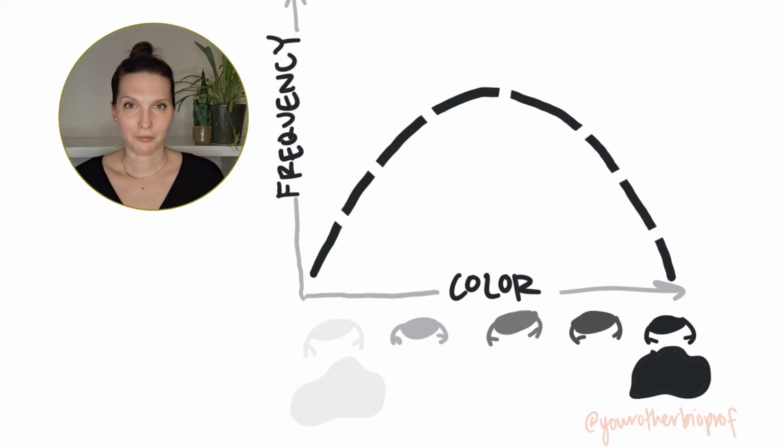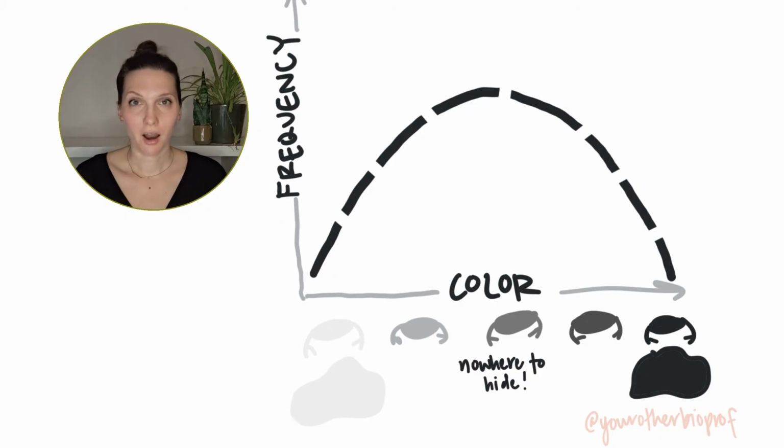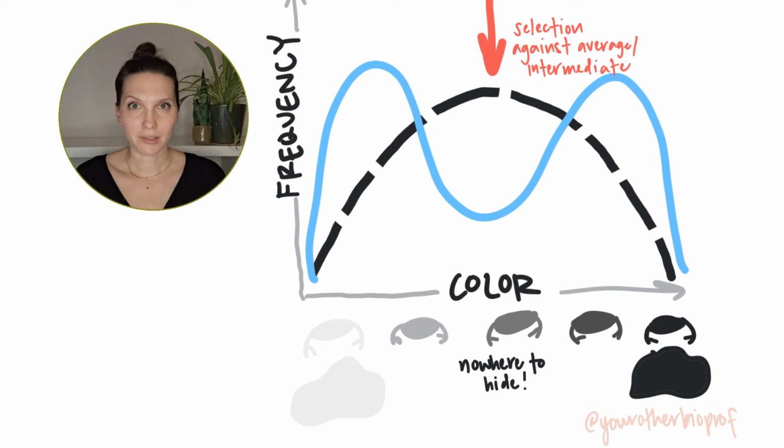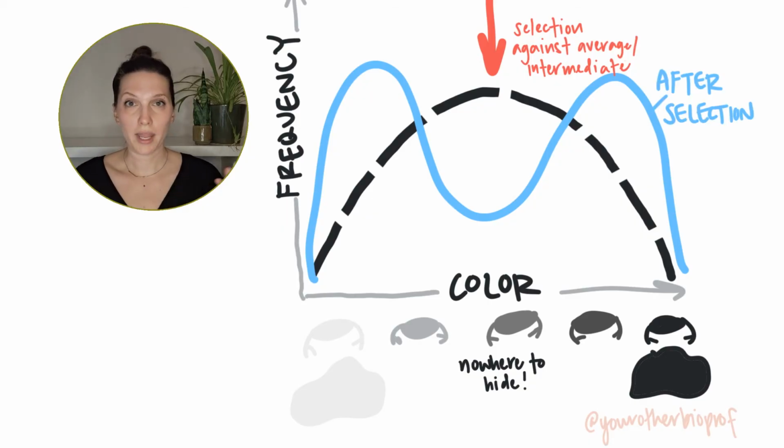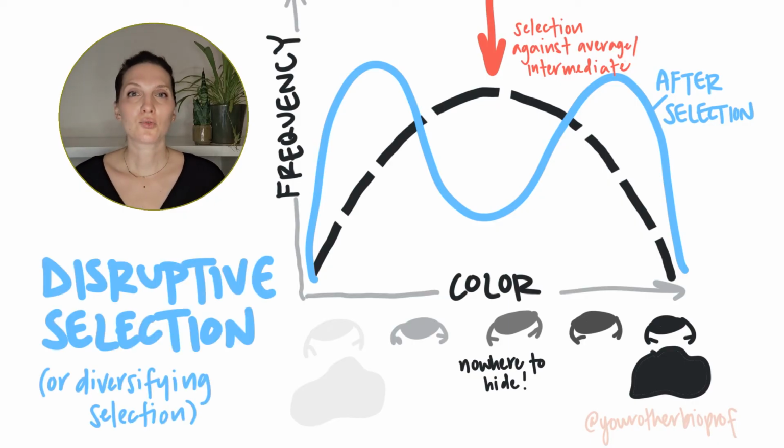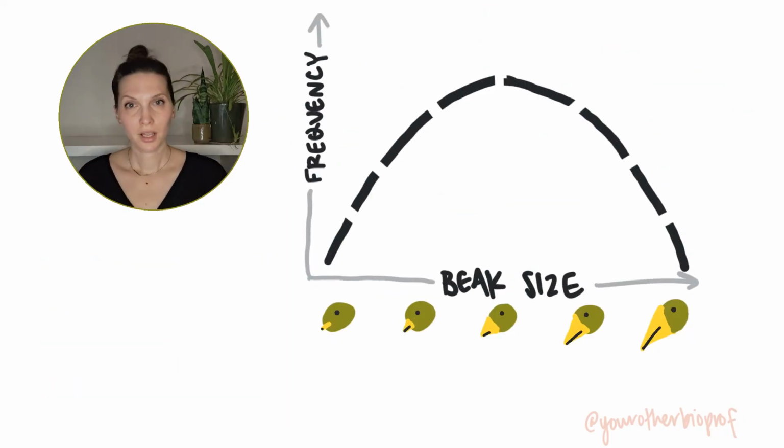The dark-colored crabs can hide from predators when they're on the dark rocks, but the medium-colored crabs kind of stick out everywhere. Light and dark phenotypes are advantageous here, whereas having an intermediate phenotype leaves you more open to predation, less likely to survive, and less likely to reproduce. Selection results in a shift of phenotypes away from the middle and toward both extremes. This is called disruptive selection, where the extreme phenotypes are favored.